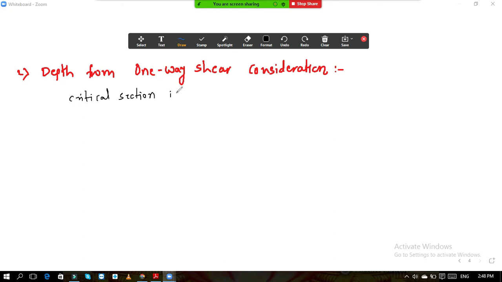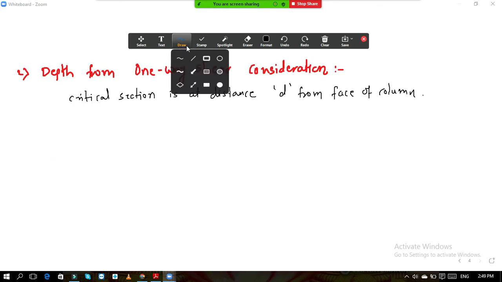Critical section is at distance capital D, sorry, small d, that is effective depth, from face of column. From face of column.